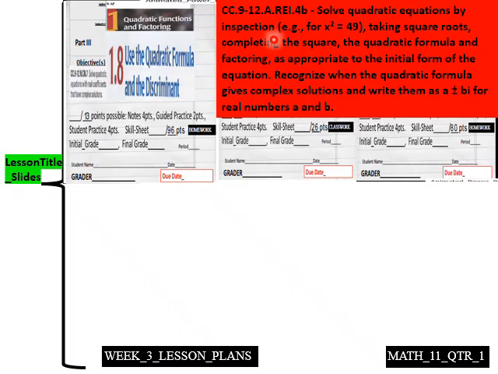And here is our standard covering 1.9, mostly A.REI.4b: solve quadratic equations by inspection, for example x squared equals 49, taking square roots, completing the square, the quadratic formula, and factoring as appropriate to the initial form of the equation. Recognize when the quadratic formula gives complex solutions and write them as a plus bi for real numbers a and b.